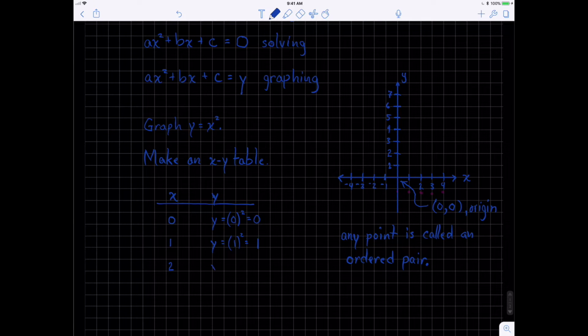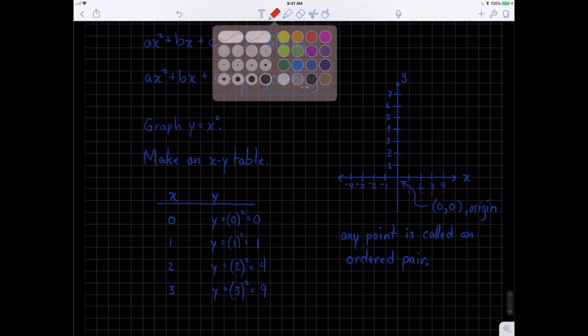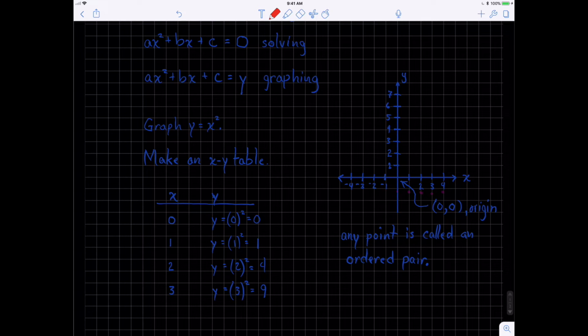Then y equals 2 squared, which is 4. We'll try one more, 3. y equals 3 squared, which is 9. But that's going to be a big one on our graph. Let's just graph what we have so far. I'm going to graph these in another color so we can keep track. So for example, the point 0, 0 is right there.